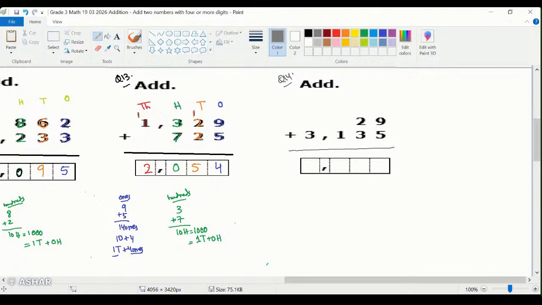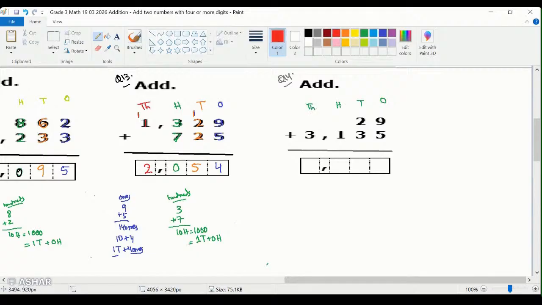Okay, if the numbers given to us are 29 added to 3135, we have the ones, the tens, the hundreds, and the thousands.